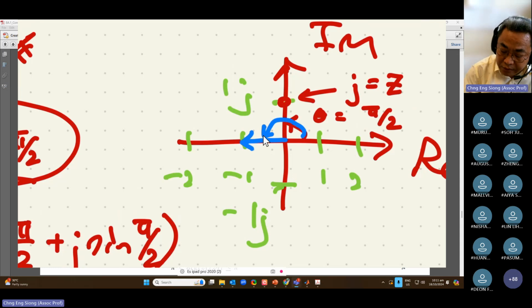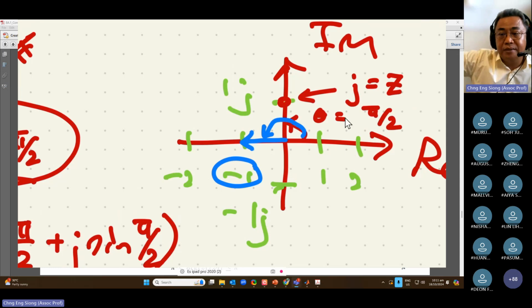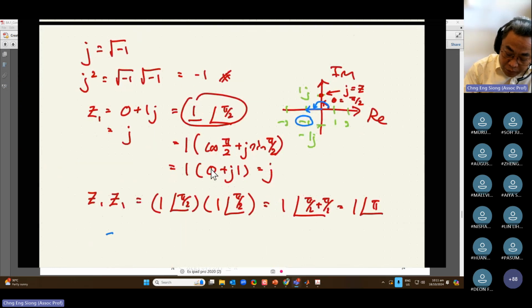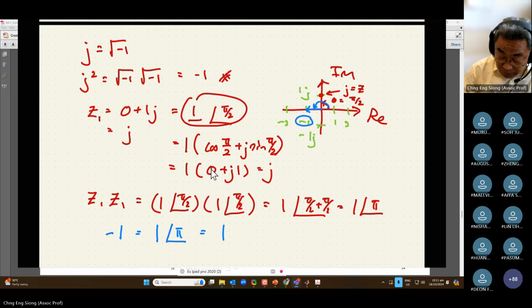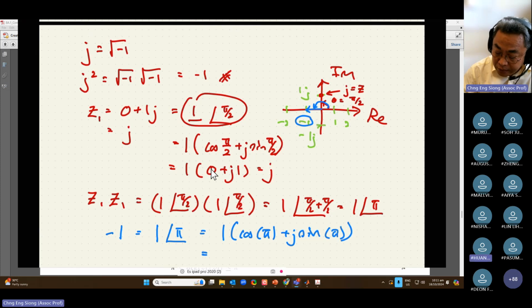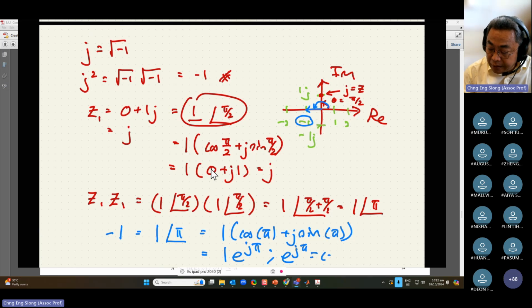Who is he? He is minus 1, right? Because this is 0, 1, 2 on the right-hand side, and 0, minus 1, minus 2 on the left-hand side. So now you realize that minus 1 can be represented as magnitude 1 angle pi, or I should write 1 cosine pi plus j sine pi. And later on, you write 1 e^(j pi), because e^(j pi) equals cosine pi plus j sine pi.